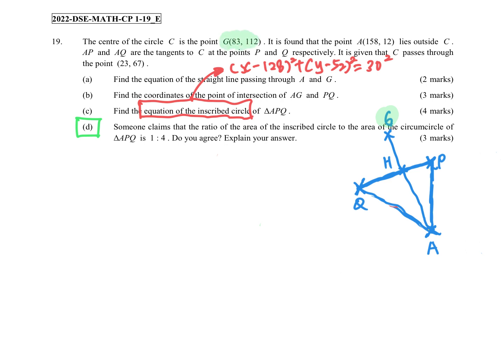Point G is the center of circle C. P and Q are also points lying on the circle C. So if we try to link them up, angle AQG and also angle APG will be 90 degrees, because a tangent is perpendicular to the radius.